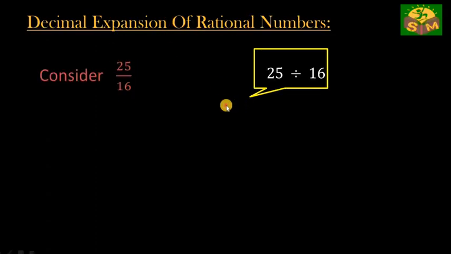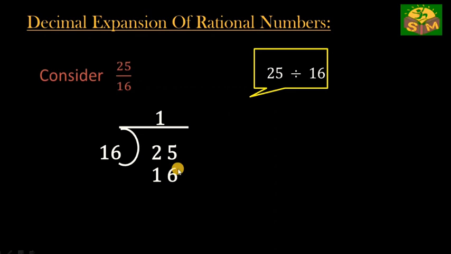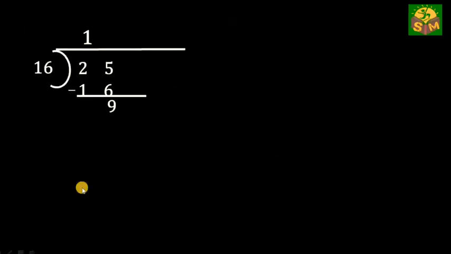So, we will divide the numerator by the denominator. Continue the division till the remainder left is less than the divisor. Since the remainder is not 0, place a decimal point in the dividend and at the end of the quotient.